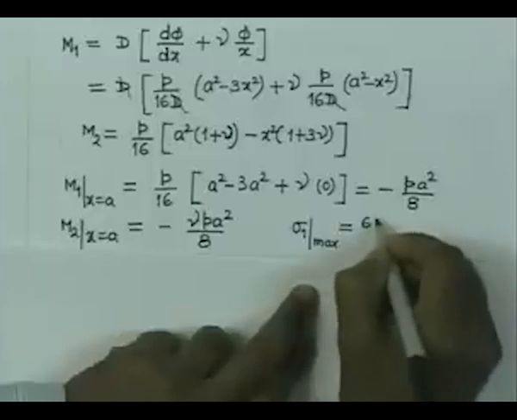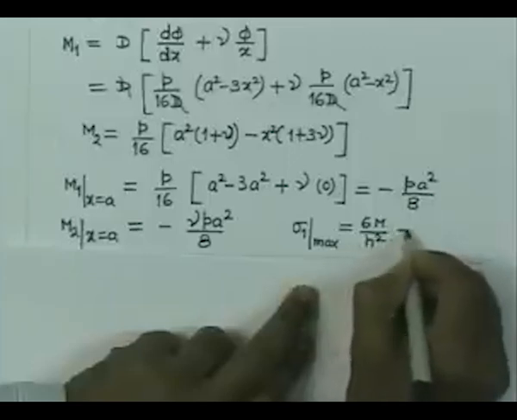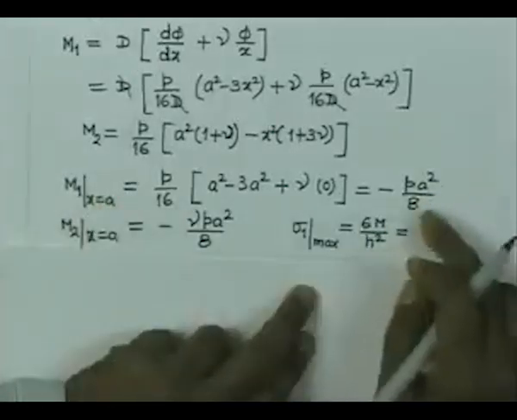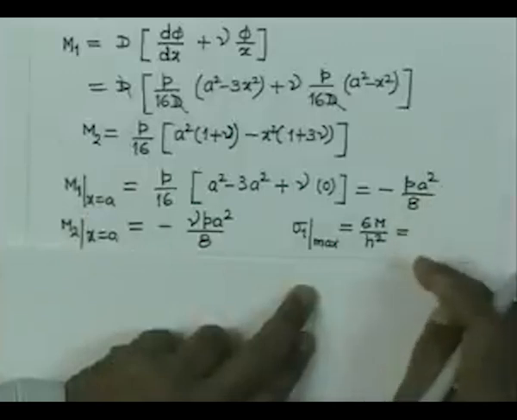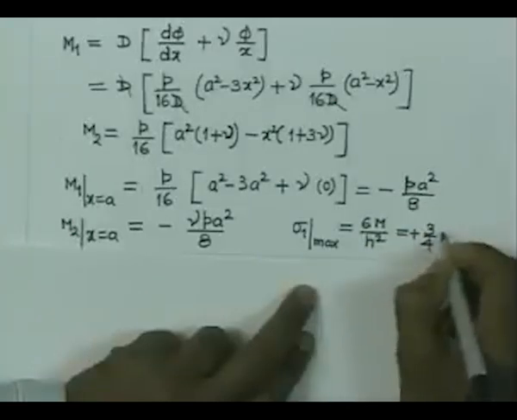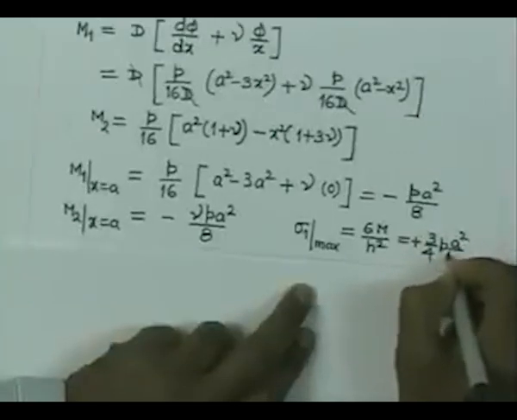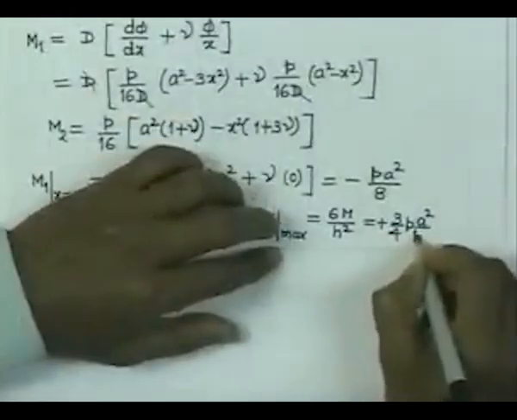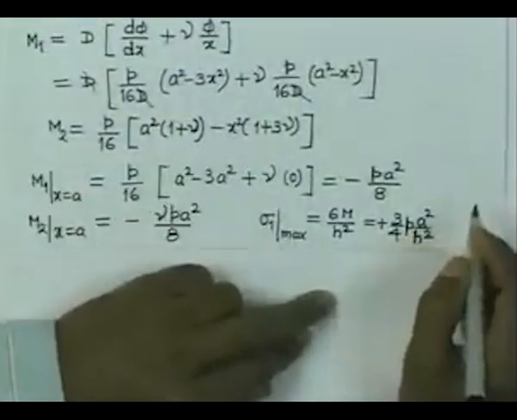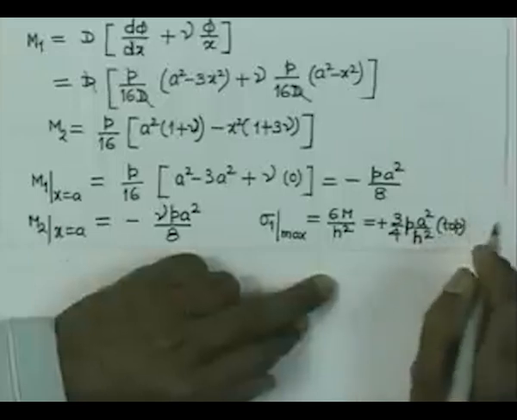So, we can write 6 M by h square, and since M is P a square by 8, substituting gives us 3 by 4 P a square by h square. So, this is the stress at the top fiber.